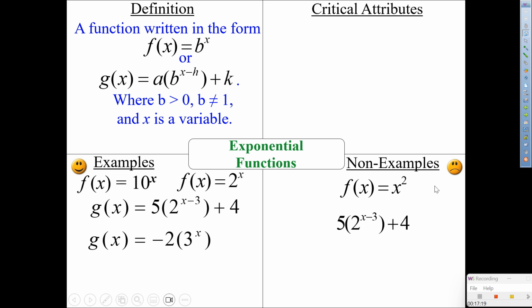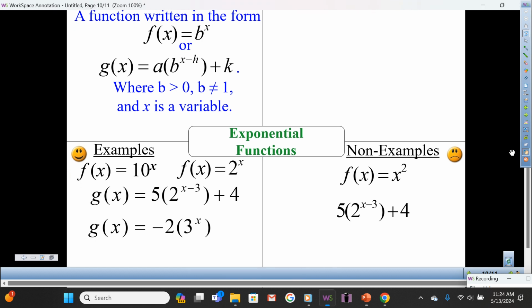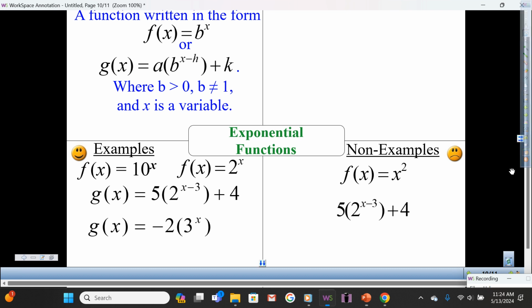Look at them. Now I'm going to pass that to Jay. He's going to enlighten us. Tell your neighbor, please. Look at the examples. Look at the non-examples.